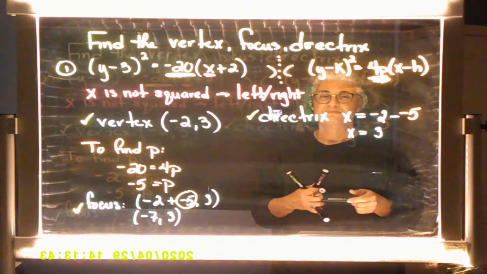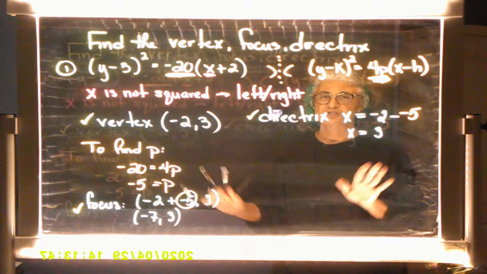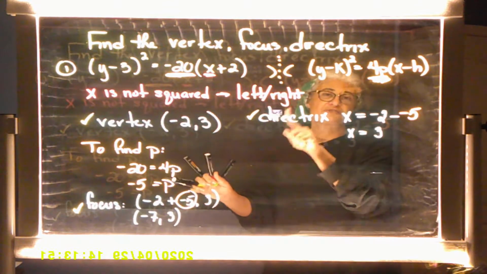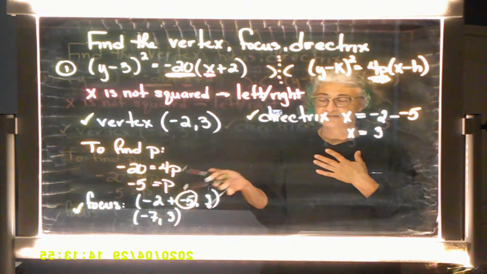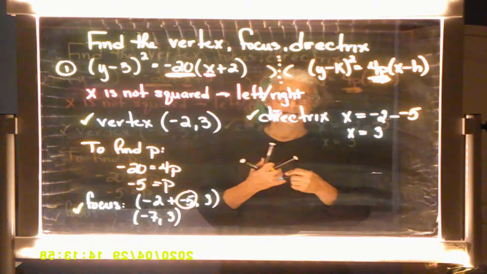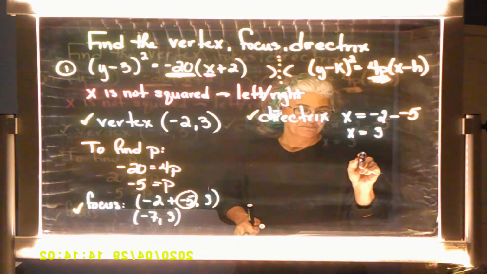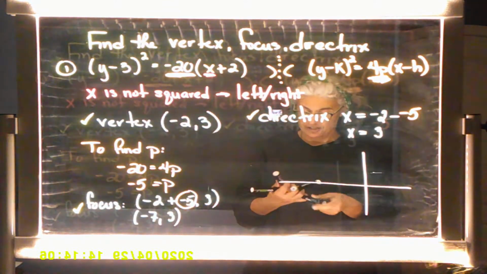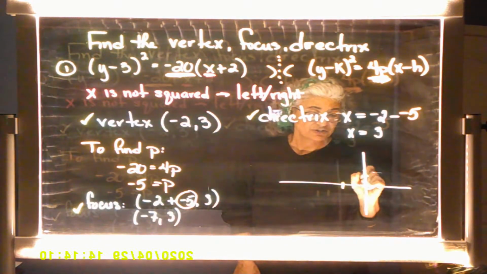How we doing? Okay, let me show you a visual of what you have just found here. Because I still need to know if this is going left or right. They're not asking me for that, but it's pretty good if I understand that. So, let's get a drawing down, because that will probably help us. So the one thing I know is my vertex is at -2, 3.